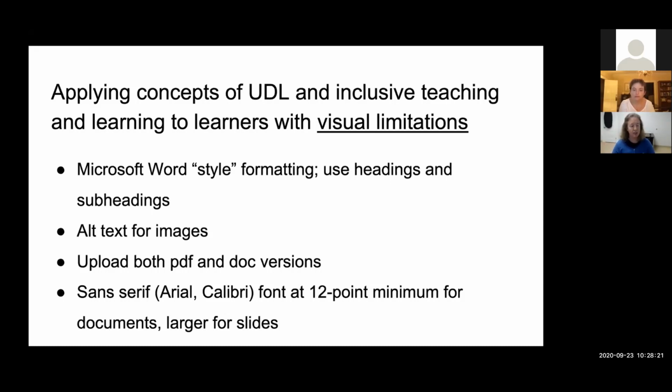The last on this slide is the sans serif font. So that would be Arial and Calibri, which is what we have used on this slide. If you can see the slide; if you can't see the slide, it's just the kind that do not have the little lines at the top and the bottom of the letters. Research shows that it is easier to read a sans serif font on a slide.